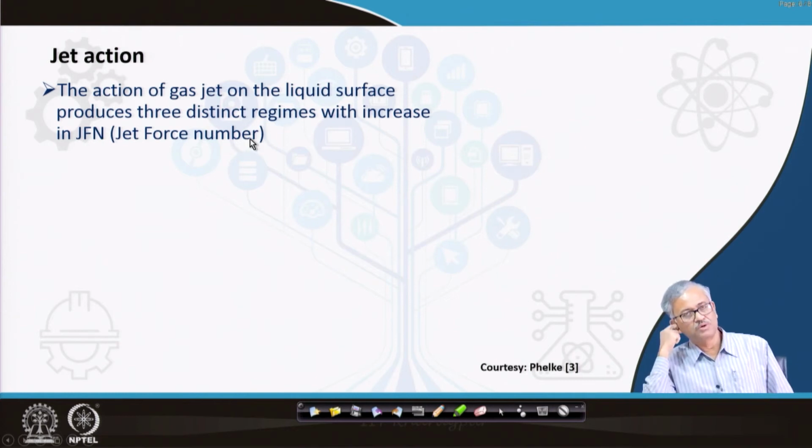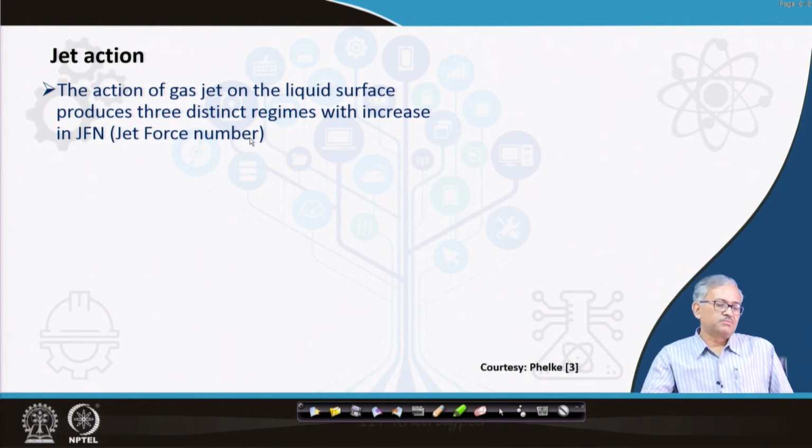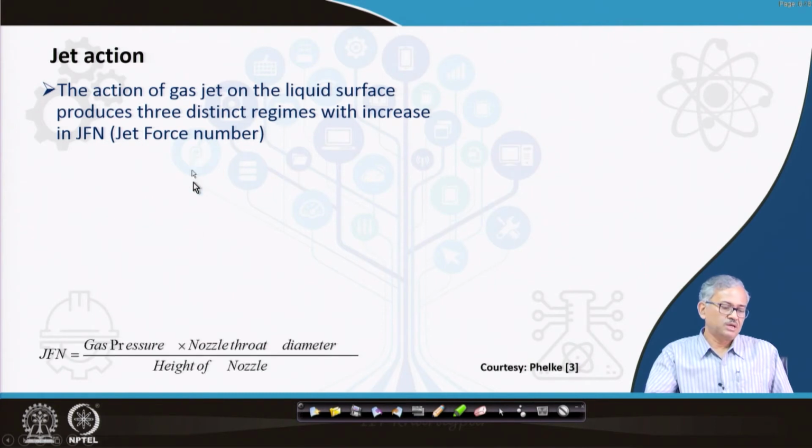If you want to understand the impact of the oxygen jet on the liquid bath, you should have some number to quantify the impact, and that is called the jet force number. It is defined like this: upstream gas pressure, approximately 1 megapascal as I said, multiplied by the nozzle throat diameter, divided by the height of the nozzle, that is how close to or away from the bath the nozzle is.